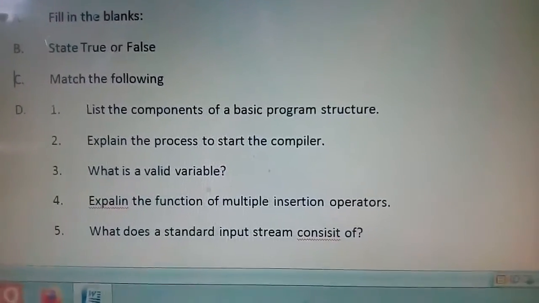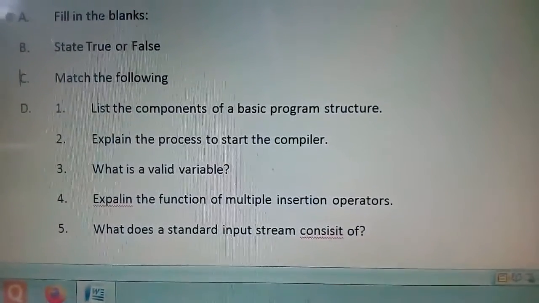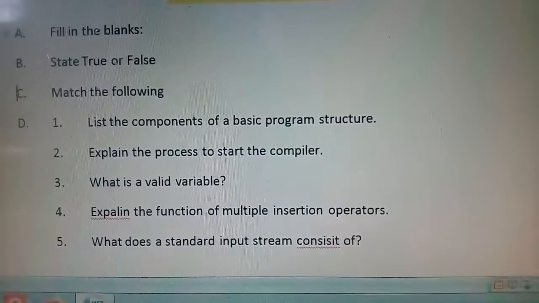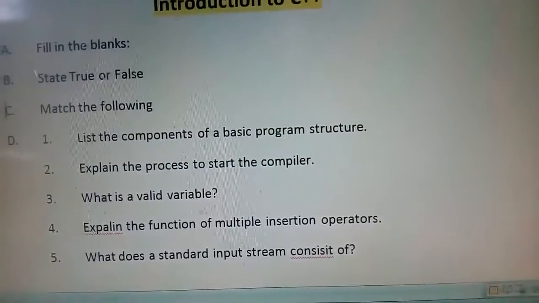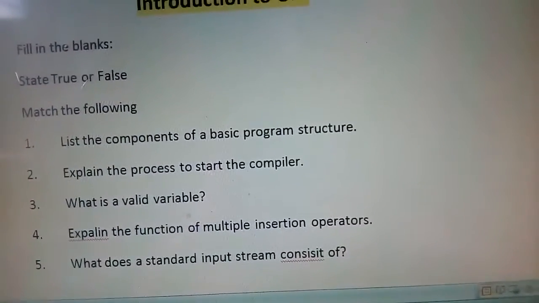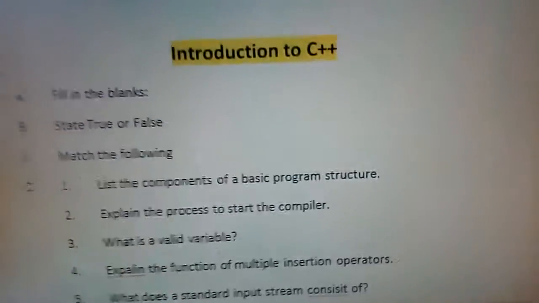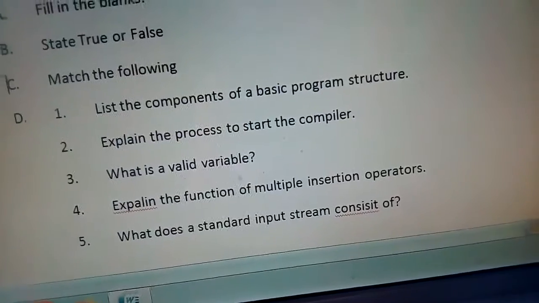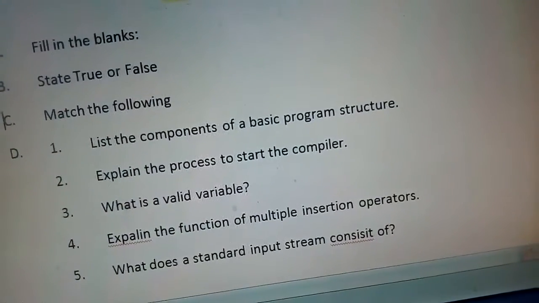Next is question answers. List the components of a basic program structure. Last day I have shown you, also as a program, by writing a program. So in the book also you can get the basic structure of a program.